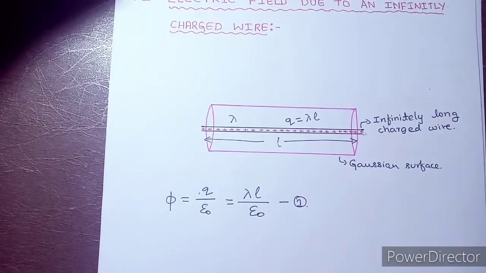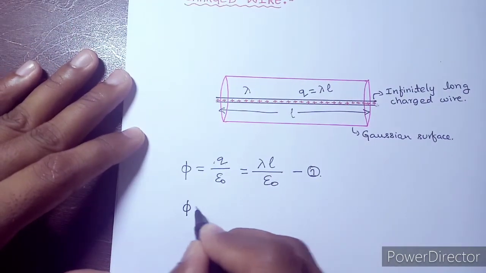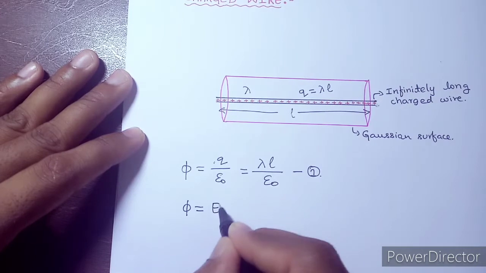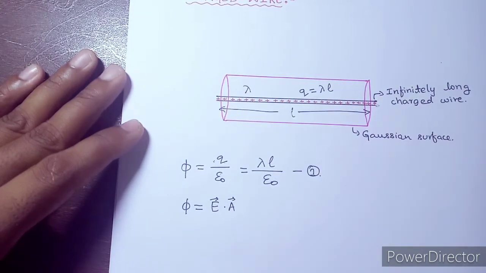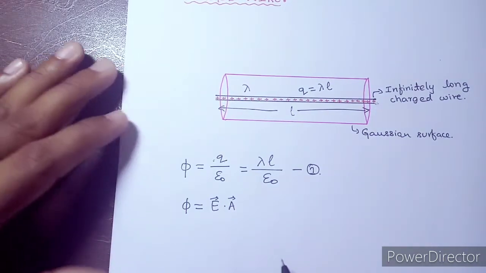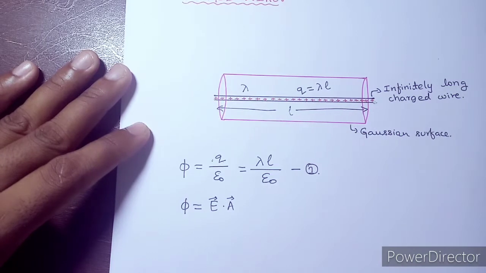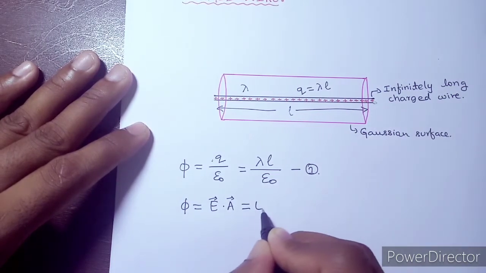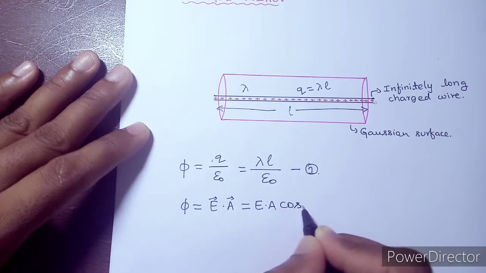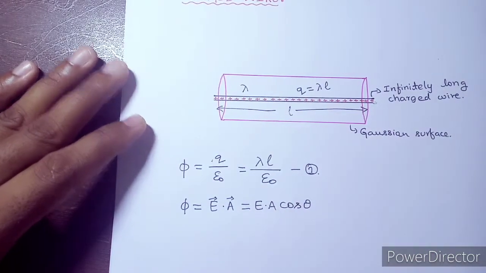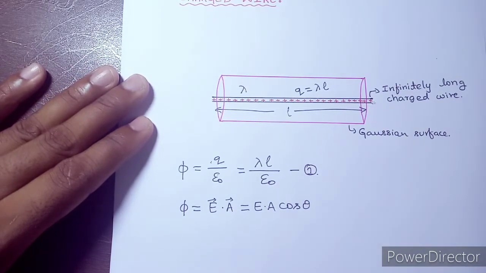We have one more expression for electric flux, that is phi is equal to E dot A. E is electric field and A is the area through which the electric field is passing through. So that is equal to E A cos theta. What is the theta? Theta is the angle between electric field E and area vector A.